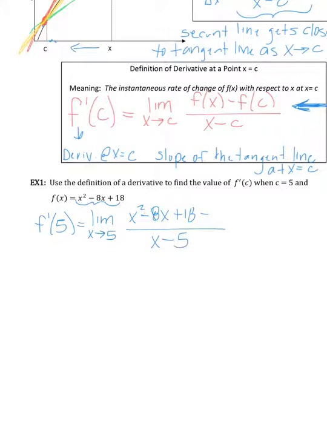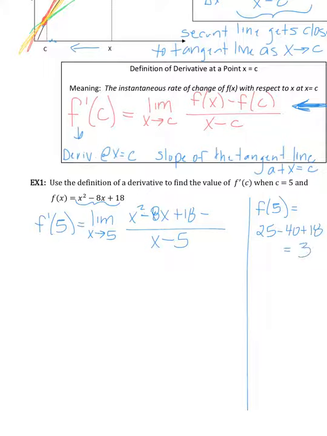Now this f of 5, I'll be honest, when I'm doing this problem, I do that out to the side, or even first, I go, what is f of 5? I do that in my head just to keep it straight. So let's see what f of 5 is. That'd be 25 minus 40 plus 18. If I do that math, that would be 3.